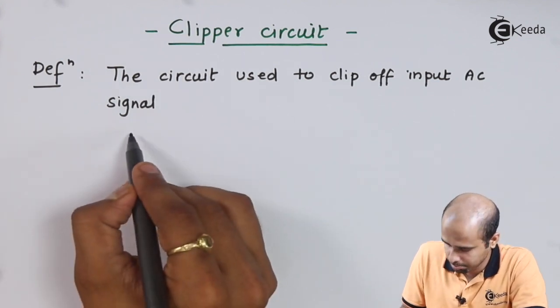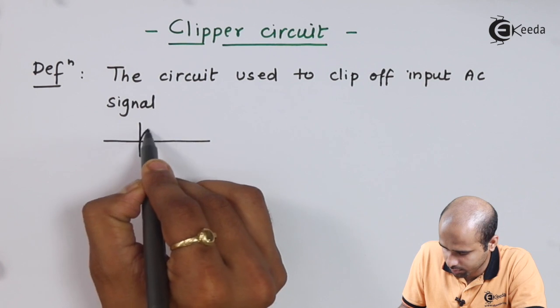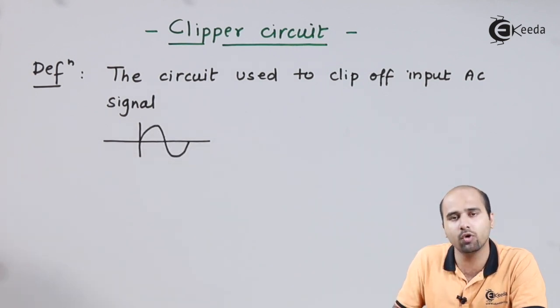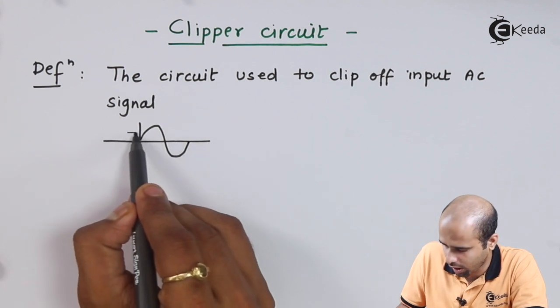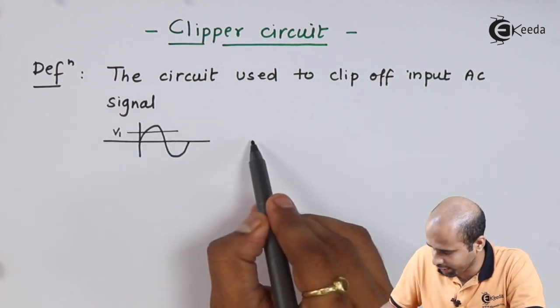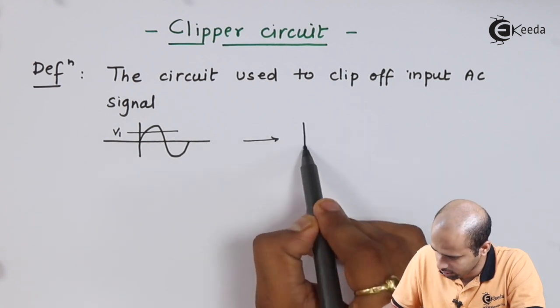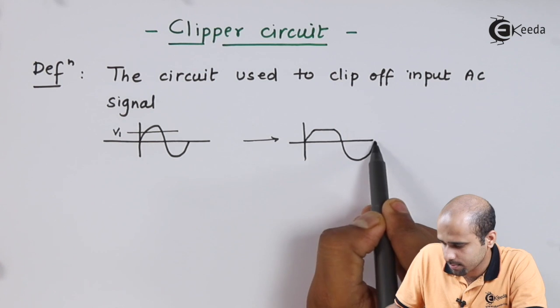For example, diagrammatically, if this is the input AC signal and I want to clip off some positive voltage which is above this particular voltage level, let's say V1, then your output should be like this.